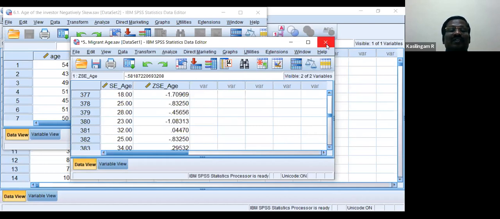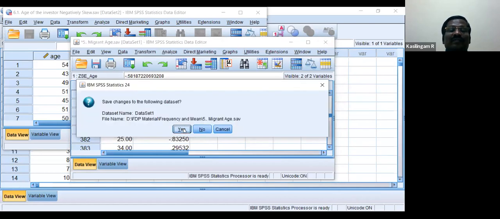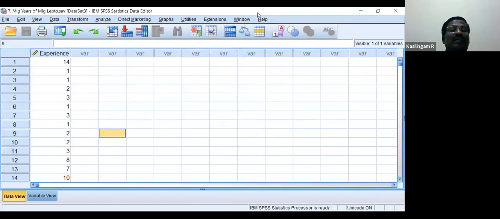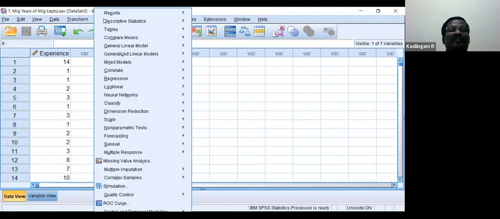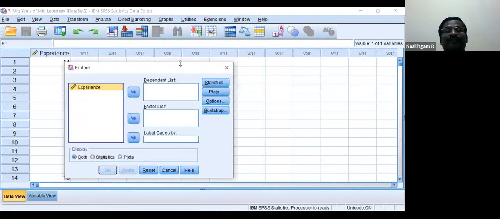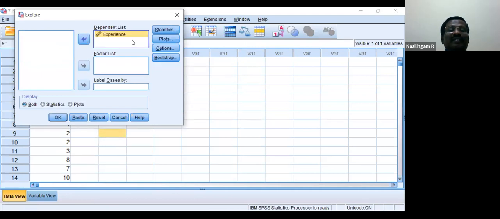Migrant age. So now can you see the experience? Yes, madam. Yes, sir. Okay, so now analyze, descriptive statistics, explore, experience.